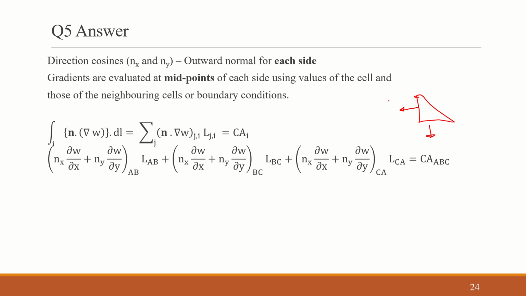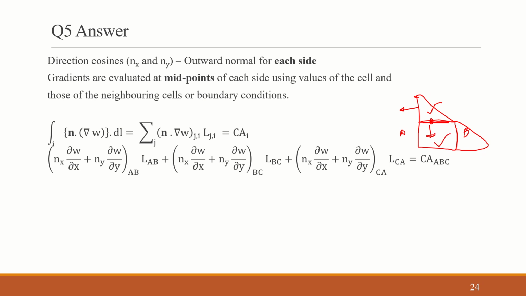So what is given over here? If it is about side AB, we will be using information from this cell and also from the cell below. For evaluating the gradient, dou w by dou x or dou w by dou y, we evaluate it at the midpoint of the side using the values of this particular cell and those of the neighboring cells.